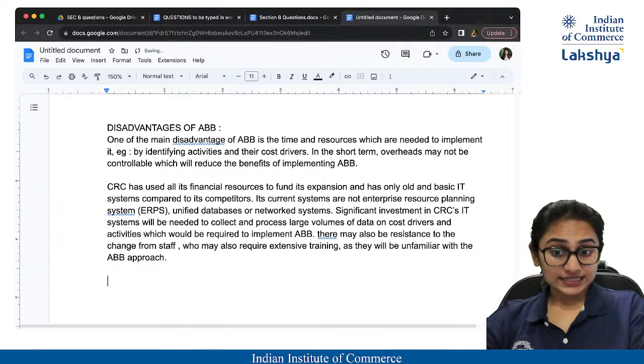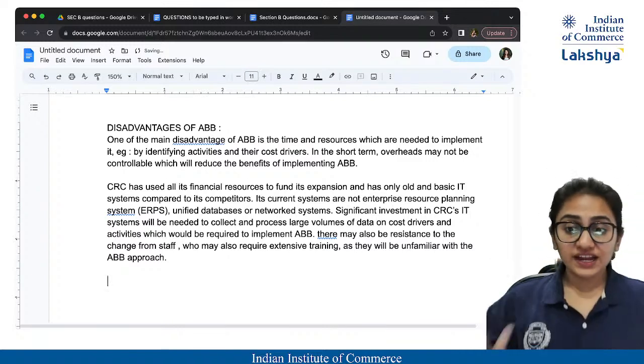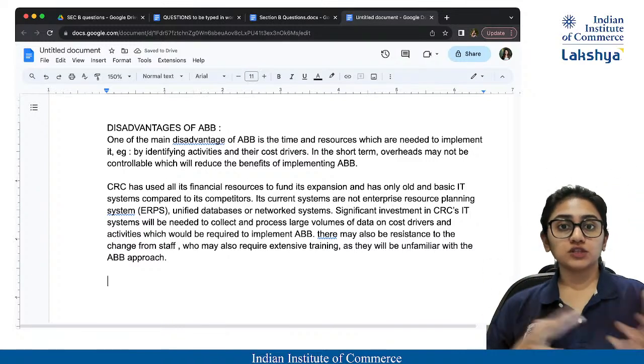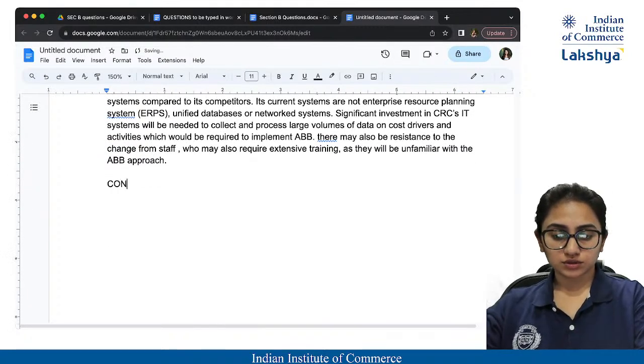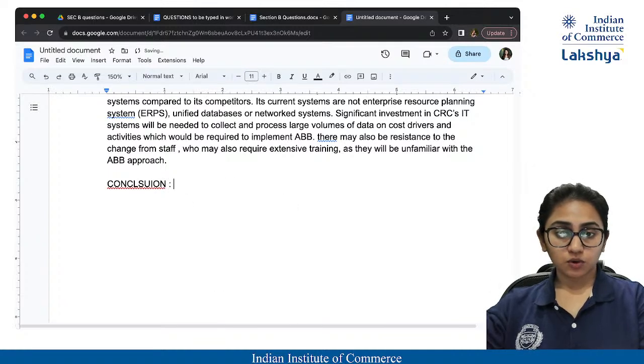So hence you just don't have to give the advantages and disadvantages of both the systems and confuse the examiner. You have to give a conclusion. So what is the conclusion that you can draw from all the advantages and disadvantages of both the systems that you gave?